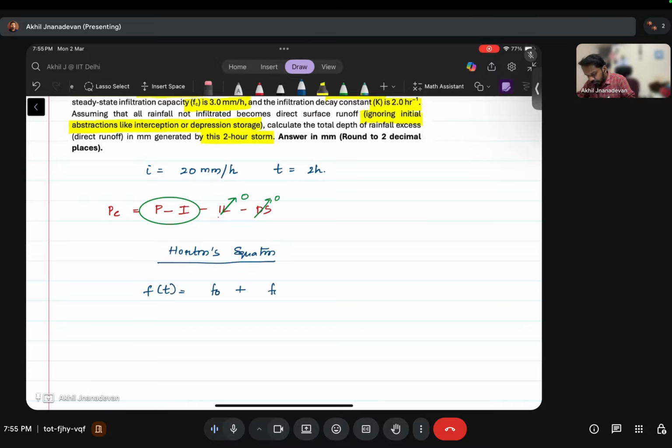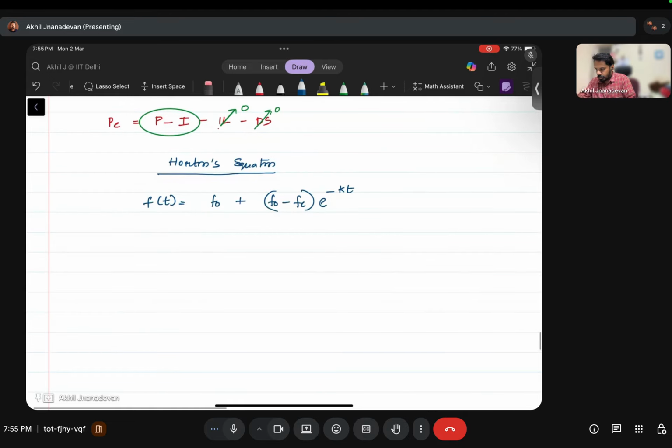If we want to find the capital F, the infiltration depth, we have to integrate it with respect to time. Capital F at any time is the integral of Fc plus (F naught minus Fc) e raised to minus kt dt. So we can substitute the values.